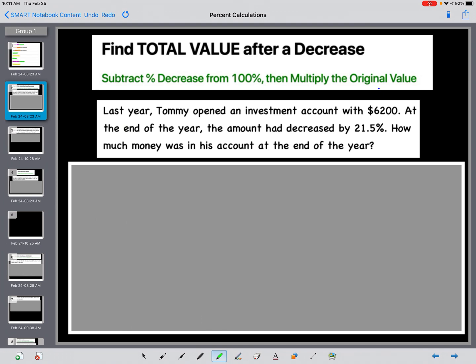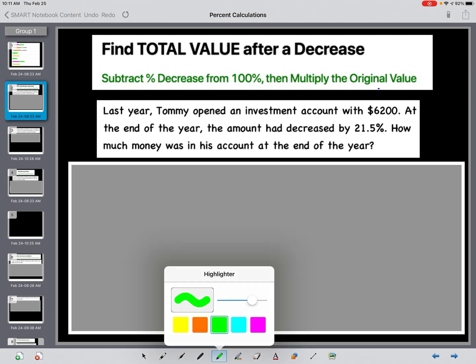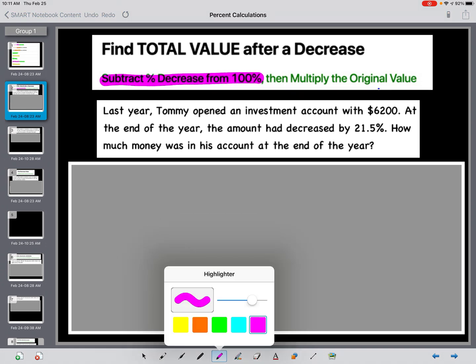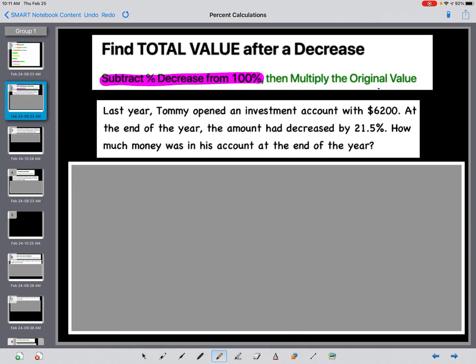In this case, we'll start with the decrease. Reading the words, it says what we should do is subtract a percent decrease from 100%. So do that first. And then you're going to multiply that number by the original value.